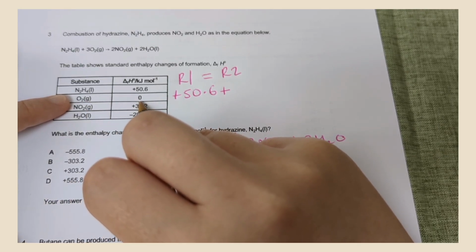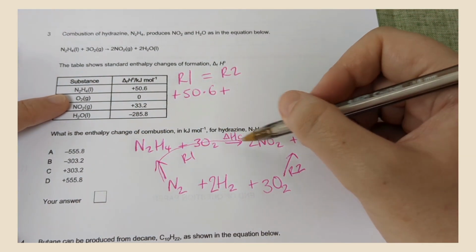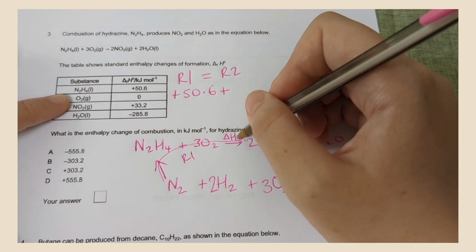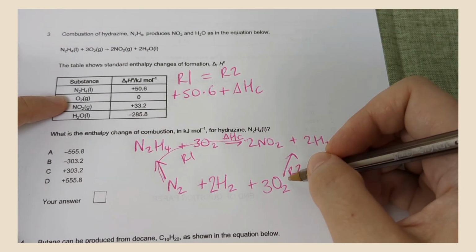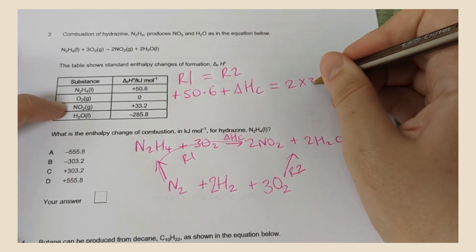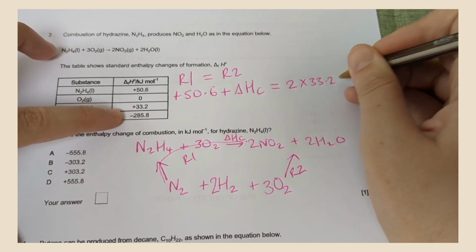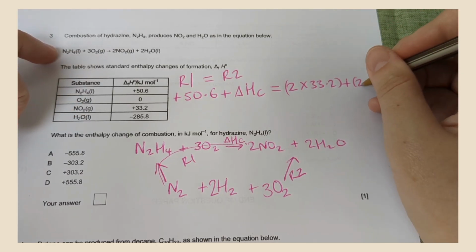So there's no enthalpy change of formation values for elements, they're all 0. The unknown enthalpy change is also part of route 1, so we'll pop that there. Then in route 2 we've got 2 NO2. So 2 times this value plus 2 lots of water.